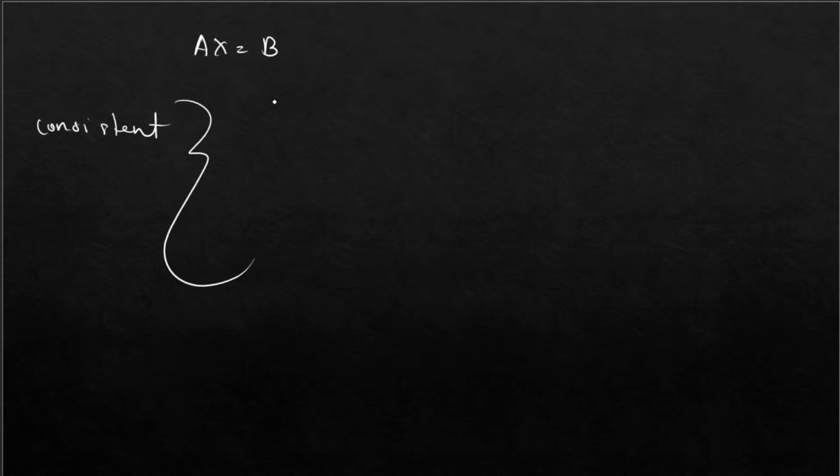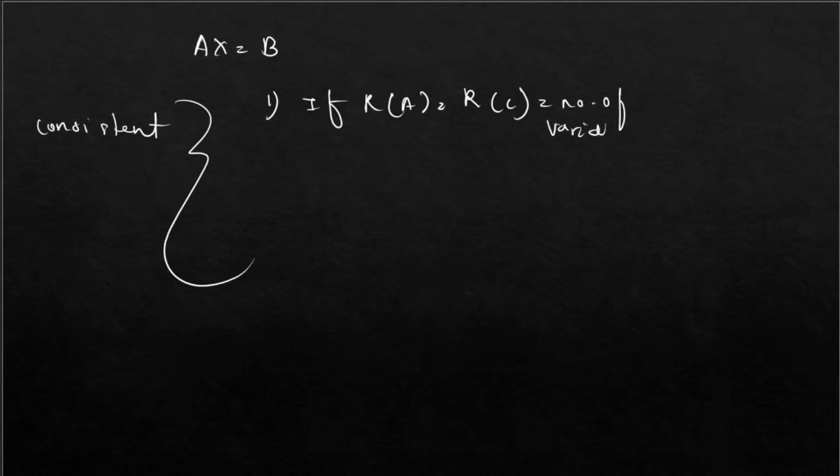The consistent case first comes when rank of A is equal to rank of C is equal to the number of variables. Now what is rank of A and C? C is the matrix A augmented with b.